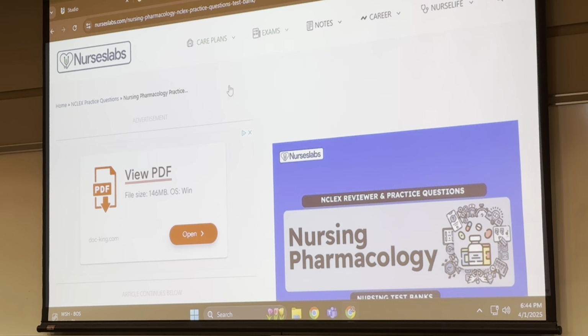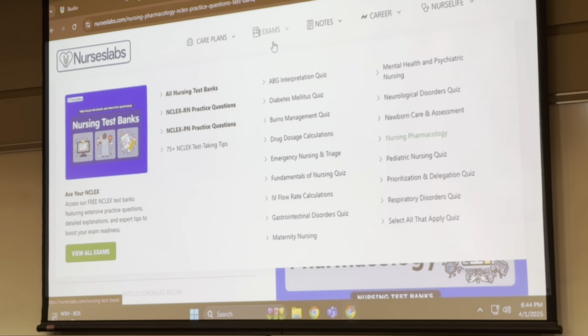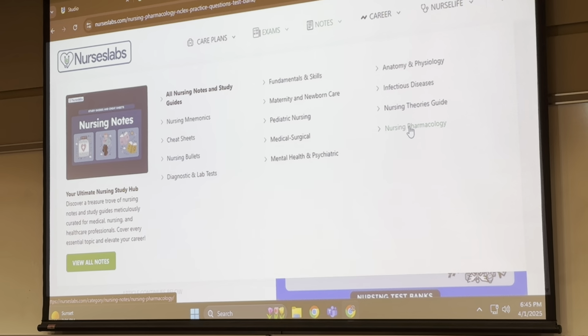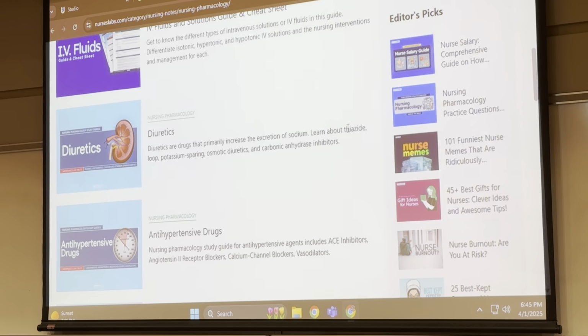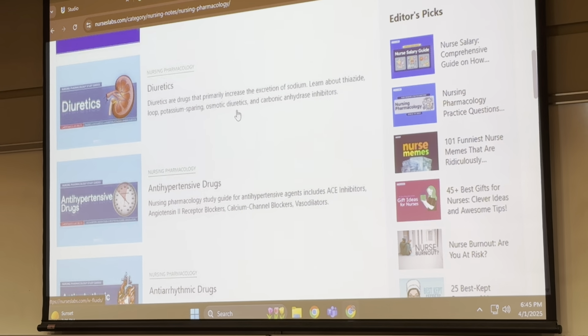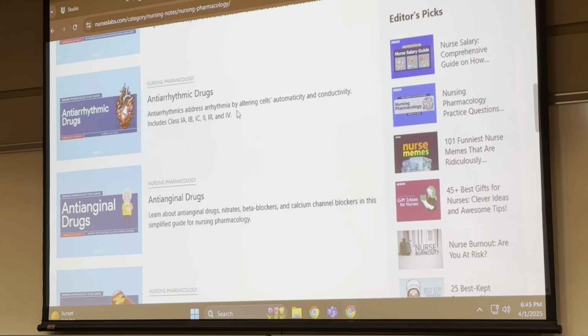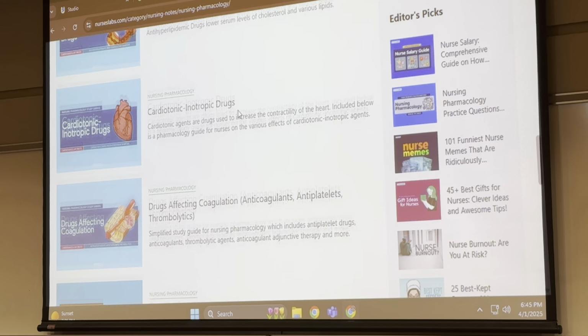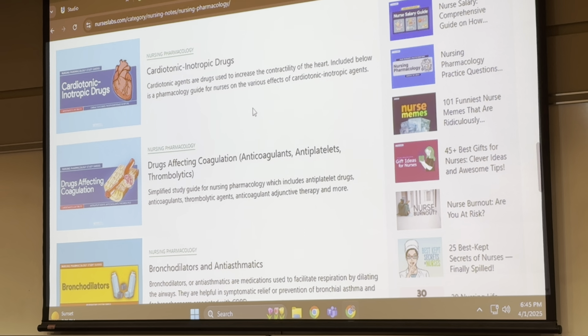Do y'all remember Nurses' Labs? Yes, but I couldn't figure out how to get there. Go up to exams, look, they have a whole pharmacology bank. They've got questions on diuretics and the major drug classes, but just what was taught. For the section we just did, that didn't have a whole lot of that.